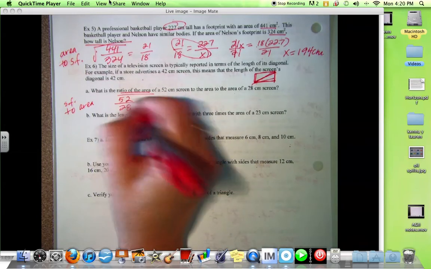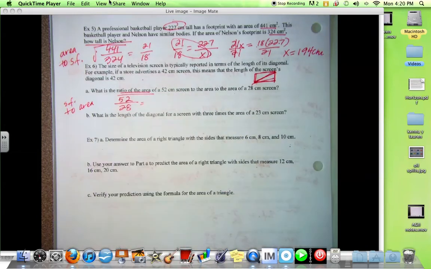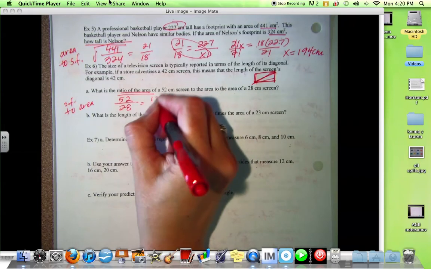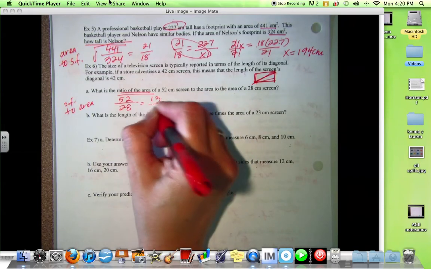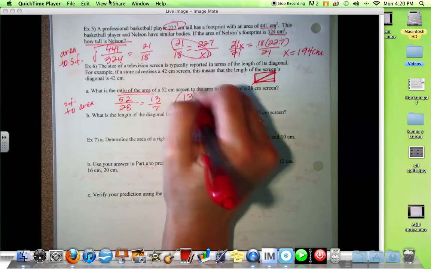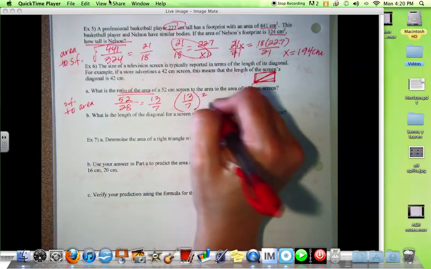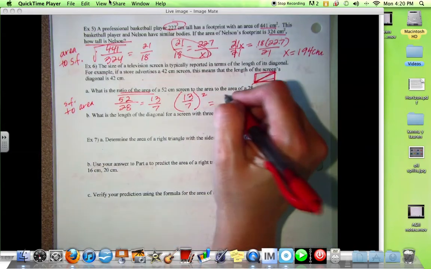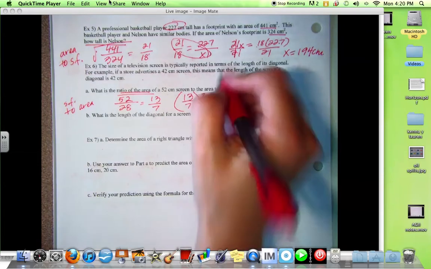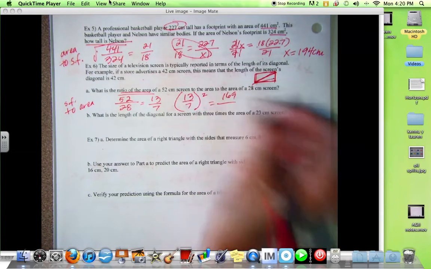So if I wanted to reduce it, I could divide both of them by 4. That would give me 13 over 7. So then 13 over 7, square that. 13 squared, 169 over 7 squared, 49.